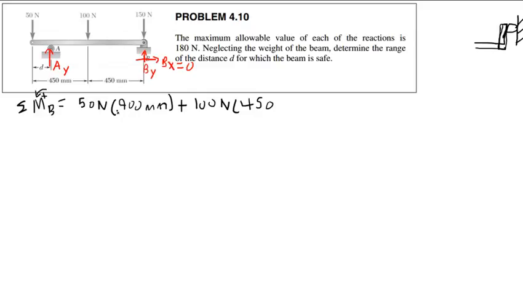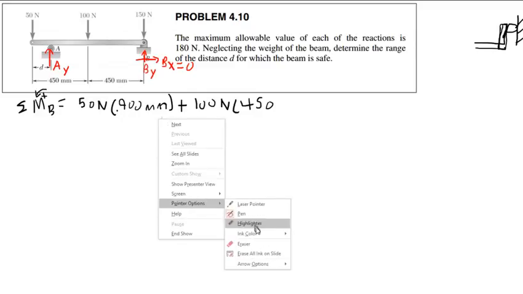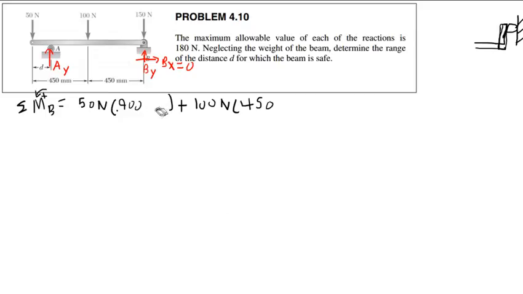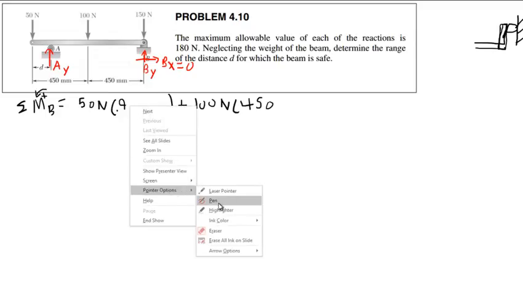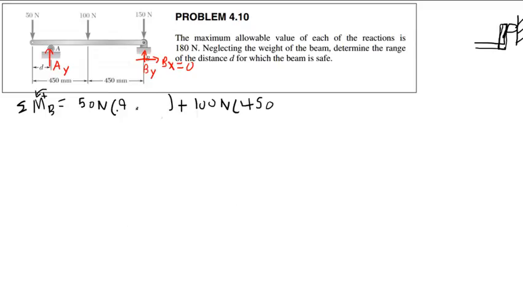You know what, I'm just going to go ahead and change these to meters, just for simplicity's sake. So I'm going to make this 0.9 meters, 100 newtons times 0.450 meters. And this force here will not generate a moment about B because it has no moment arm.